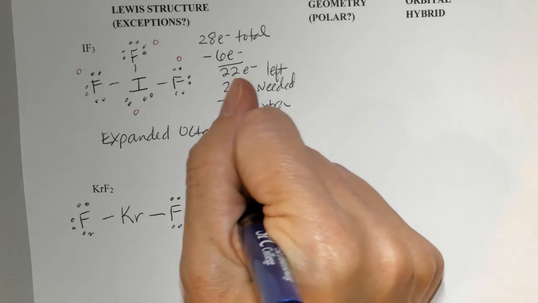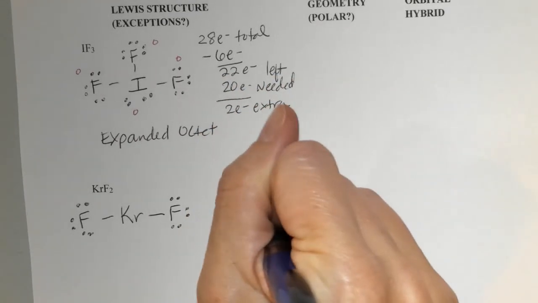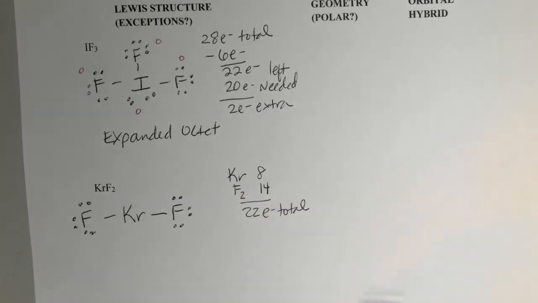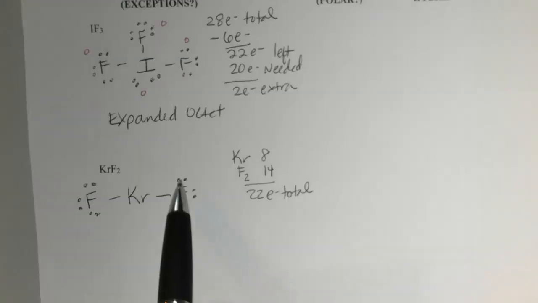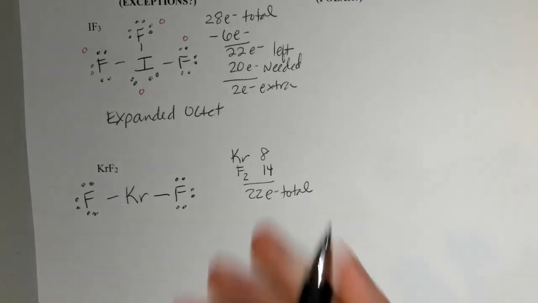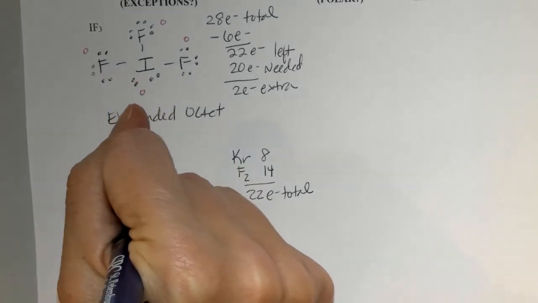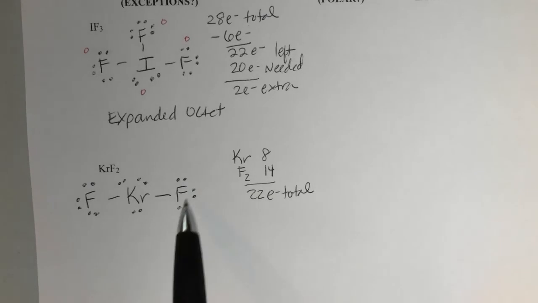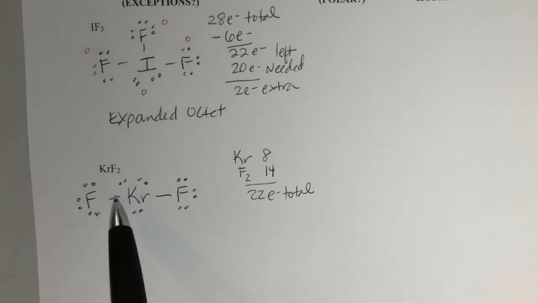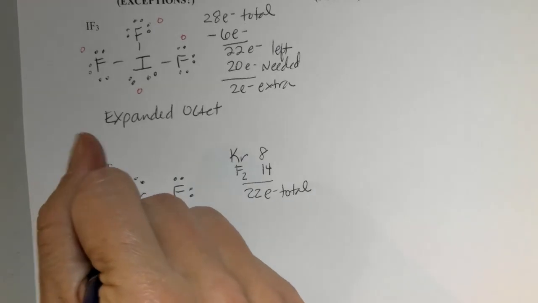Each of the fluorines comes in with 7, so that would be 14. So we've got 22 electrons total. All right, so we've used 2, 4, 6, 8, 10, 12, 14, 16. We have 6 more. So we're ending up here with 3 lone pairs on the center of krypton. So 2, 4, 6, 8, 10, 12, 14, 16, 18, 20, 22 total. So again here, we're going to have an expanded octet.